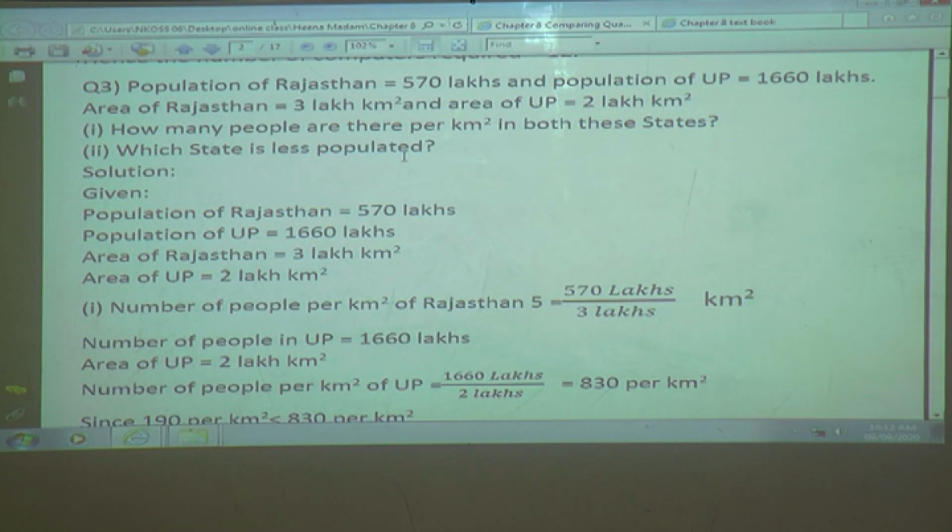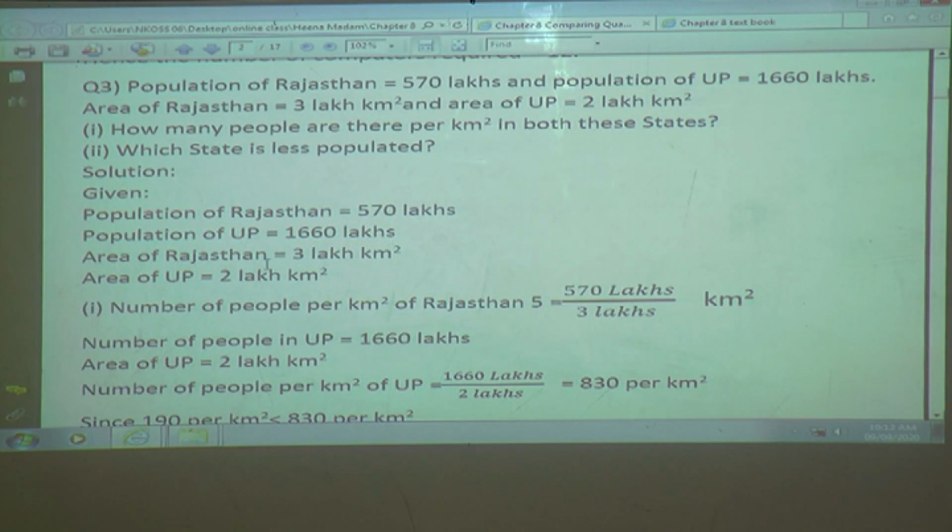By calculating the population density of the states, we can say which is less populated. Here we have to compare the population with the area of both the states. So the population of Rajasthan, what I jotted down from the question, is 570 lakhs. The population of UP is given as 1660 lakhs.